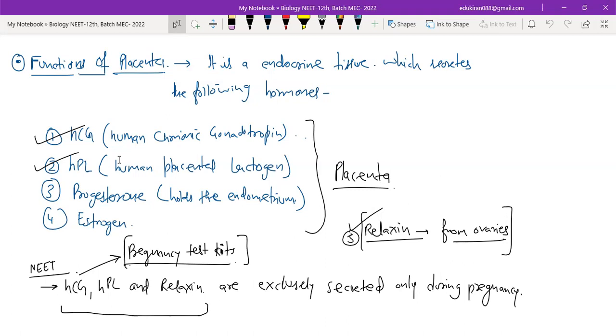HCG, HPL, and relaxin are only secreted during pregnancy. These chemicals are the ones whose presence is checked during pregnancy tests. At the end of the second month, the embryo develops the limbs and digits, and during about the 5th to 6th month, the eyelids open and the eyelashes are formed.